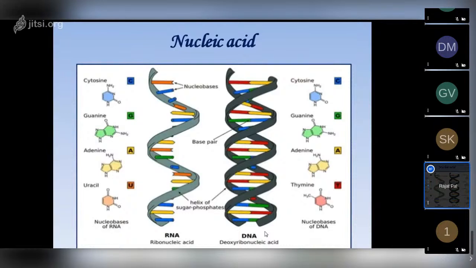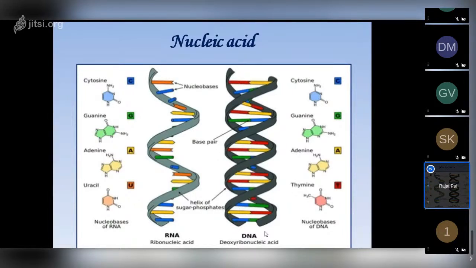And the third component for the nucleic acid, the very important thing, is the nitrogenous bases. Nitrogenous bases are present on the sugar molecule, and protrude inwards from the sugar phosphate backbone. One nitrogenous base will interact with the other nitrogenous base present on the opposite side of the sugar phosphate backbone, and form a hydrogen bond to make a double helical structure in DNA.